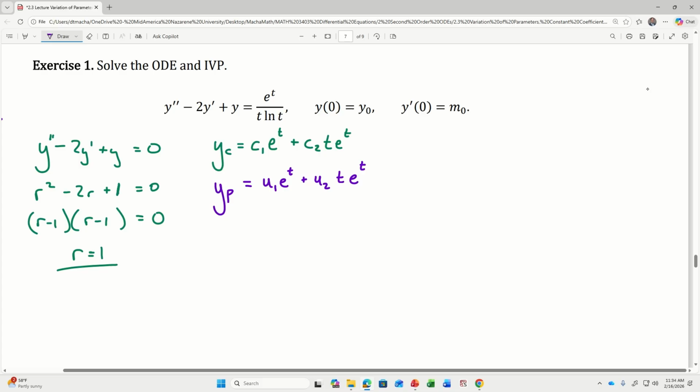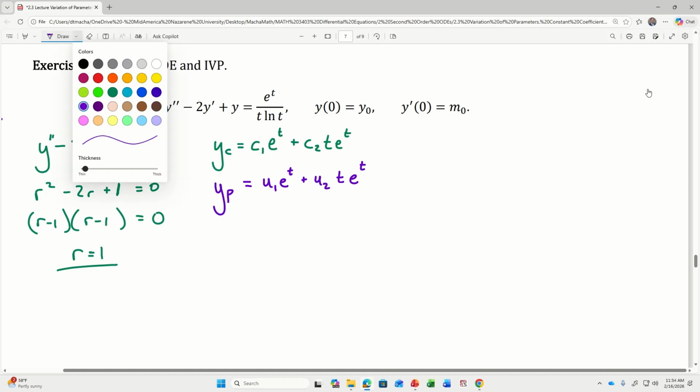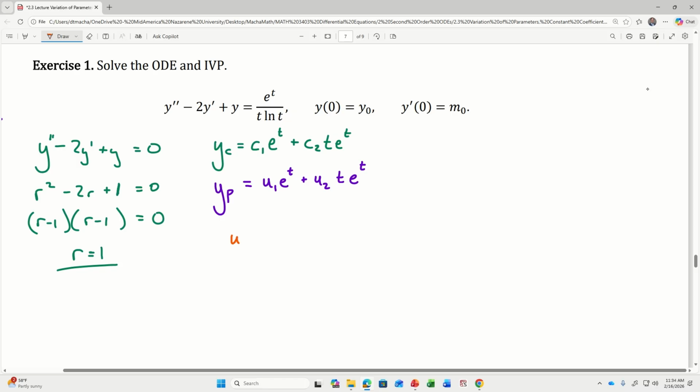Our job is to figure out what u1 and u2 are, and we can do that if we solve a system of equations that looks like u1 prime y1 plus u2 prime y2 equals 0, and then the second equation will be u1 prime y1 prime plus u2 prime y2 prime equals g of t divided by a, which is going to be e to the t divided by t times natural log of t.